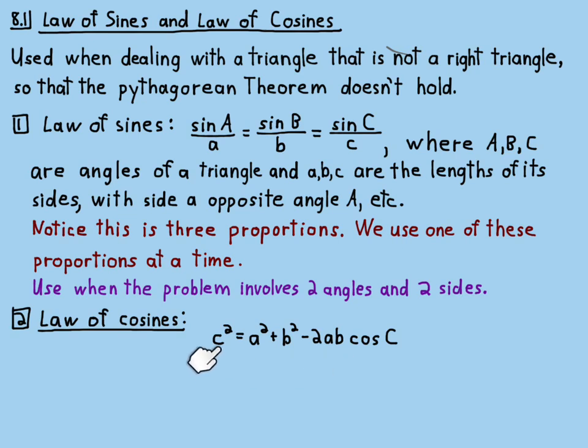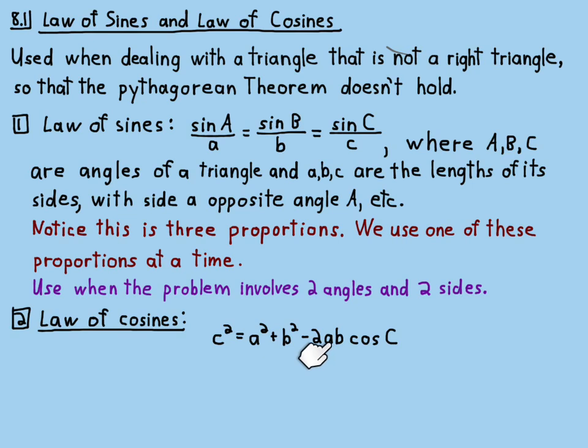The side c isn't a hypotenuse anymore though. It's just some side of the triangle, and you take the cosine of the opposite angle from this side, which in a right triangle would have been the right angle, right? Cosine of 90 degrees is 0, or pi over 2 if you will.